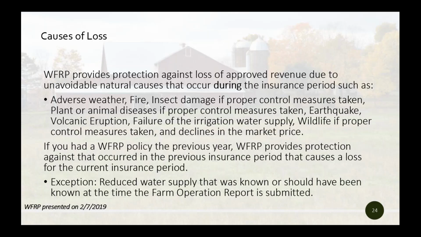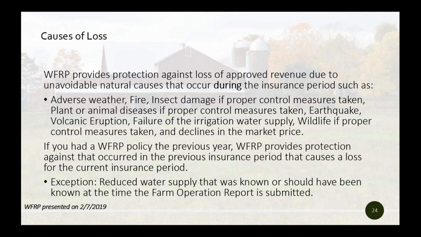It is vitally important to maintain documentation to support the reduction in revenue from insured and uninsured causes. In the previous webinar, it was discussed that the company needs to be afforded the opportunity to inspect a damaged commodity or commodities before you dispose of, destroy, or harvest the damaged commodity. And I can't state that with enough emphasis.